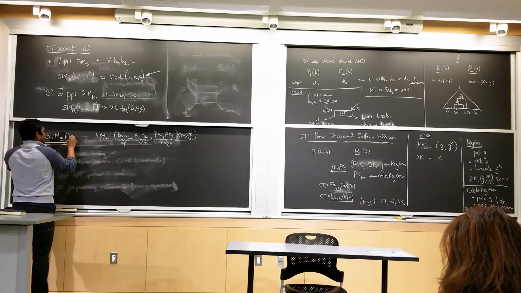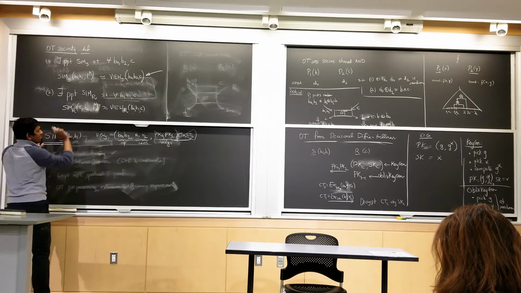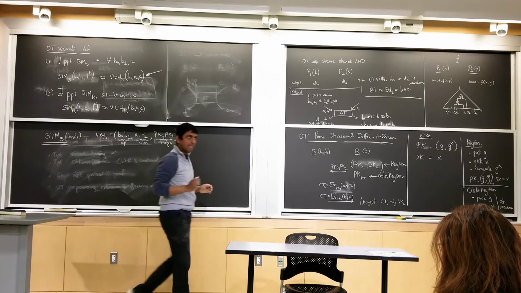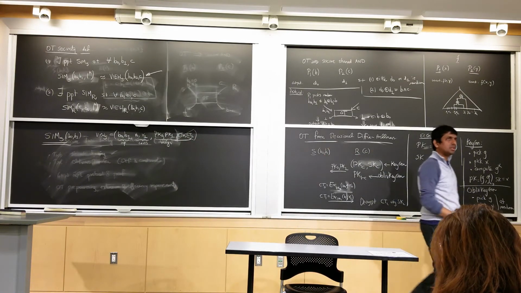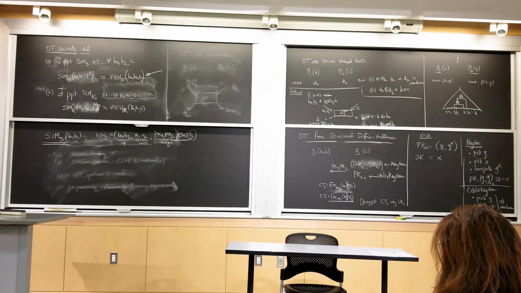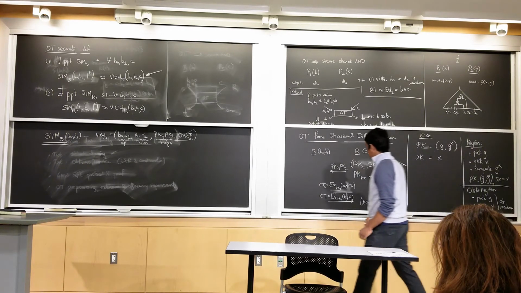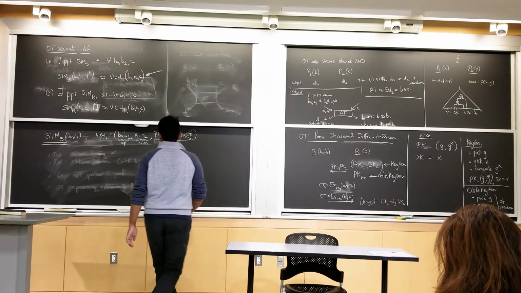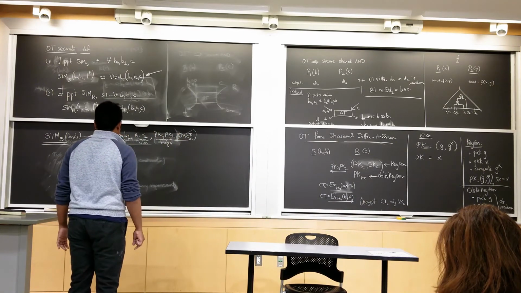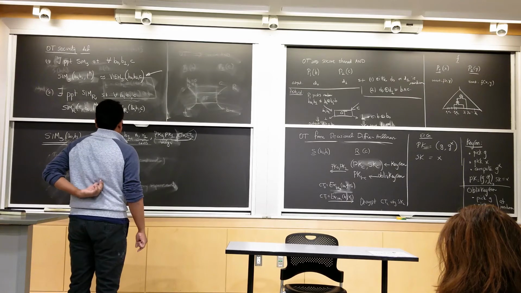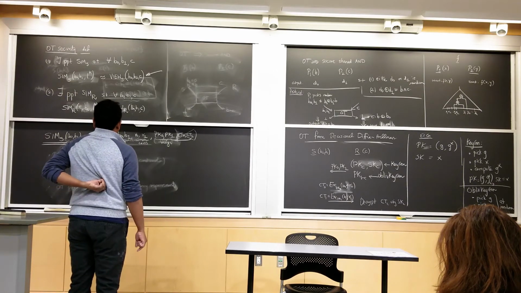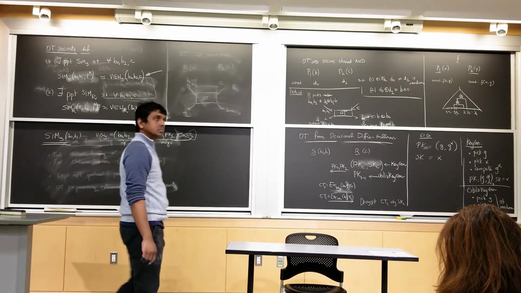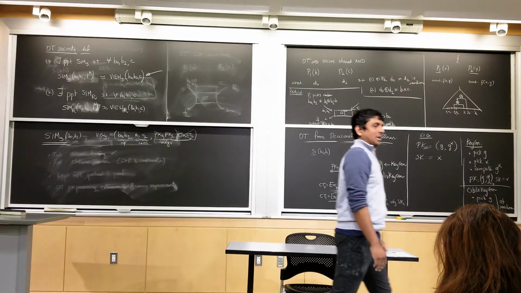And he gets what? B0 and B1. I'm going to ignore the 1 to the k. Doesn't matter. So the question is, what does the simulator do?